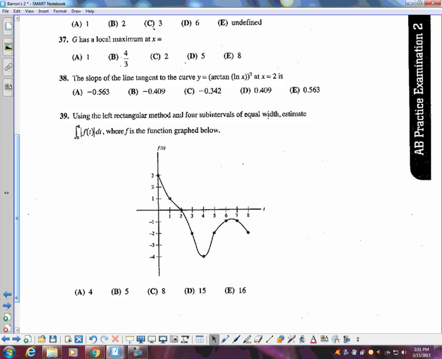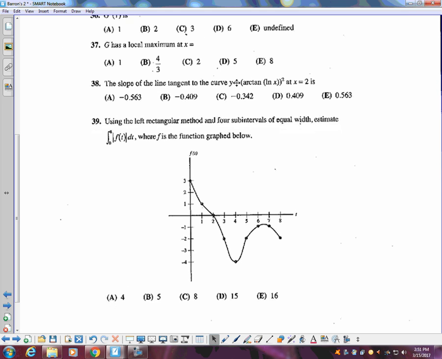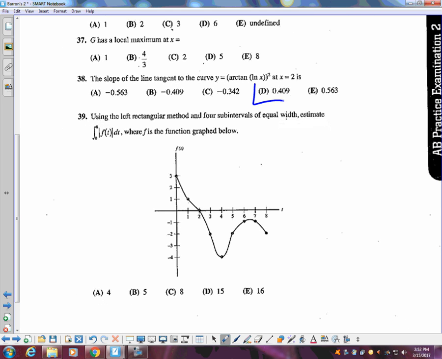So start with parentheses, then go tangent inverse of ln of x, close like 1,000 parentheses, and then square it. And then if you have the new operating system, at the bottom right corner it's asking you where you want to evaluate it. So you can stick in a 2. Oh, I'll put an X. Yeah, X. But what about that?